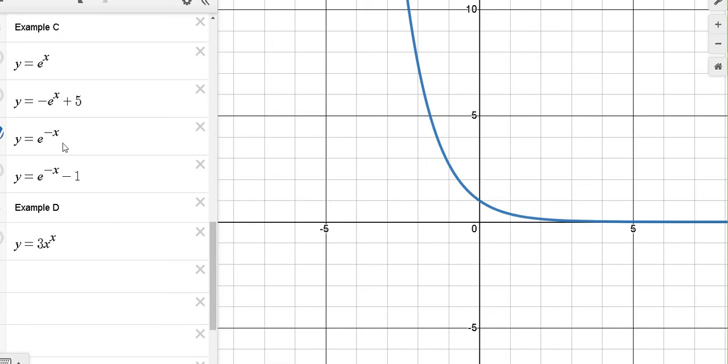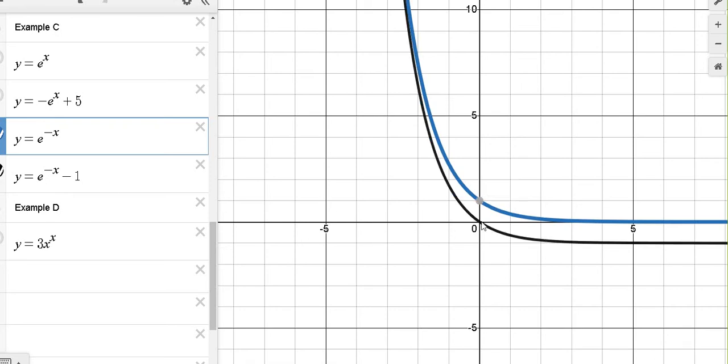And now that I've made that change, what's this minus 1 going to do to our graph? How's that going to change it? Down by 1. Perfect. So the point that was at 0, 1 should now be at 0, 0. And let's see that. And bam, it's done. It's there.